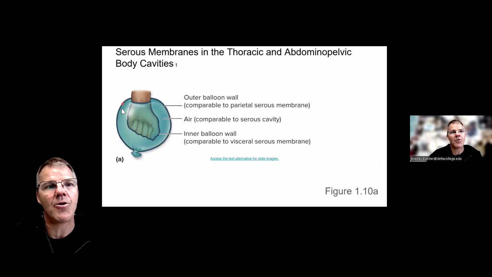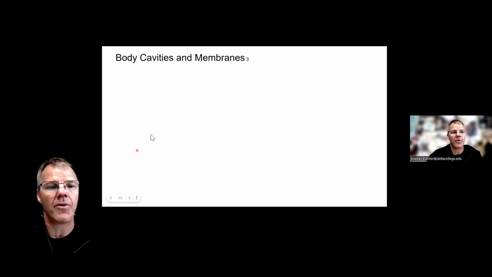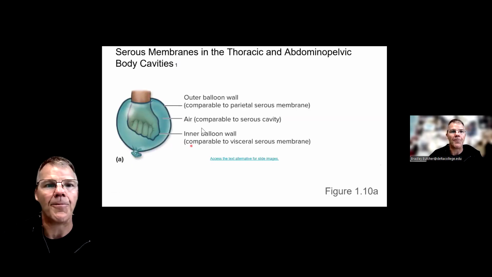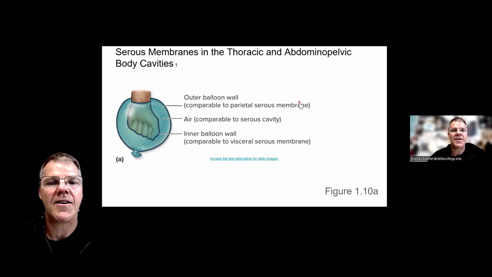And then you have this outer layer, which is the outside of the balloon. The serous cavity is all of this space in between, right? And that's filled with that serous fluid. So that's how we can think of the serous membranes and what they're doing.